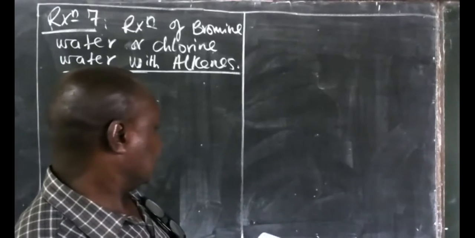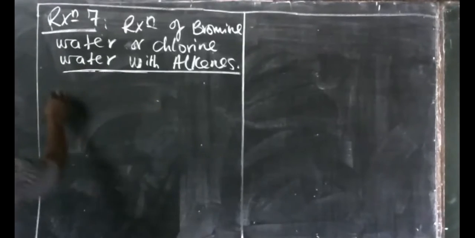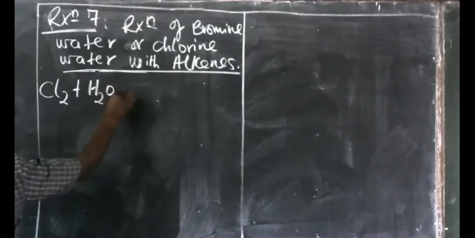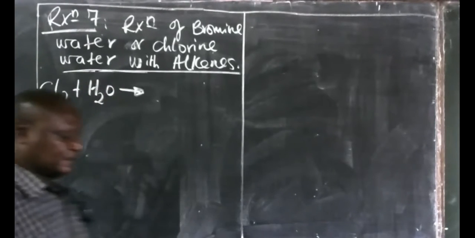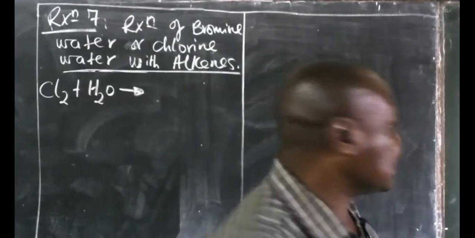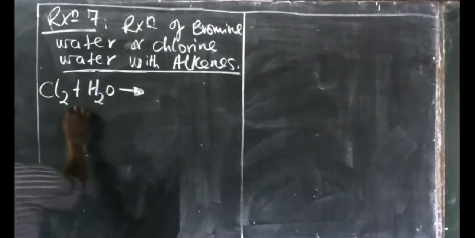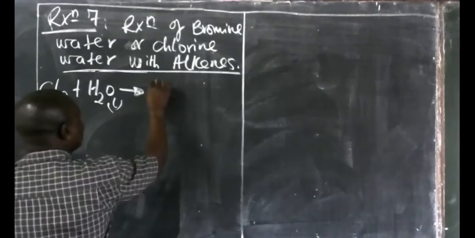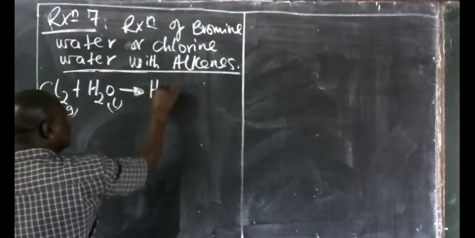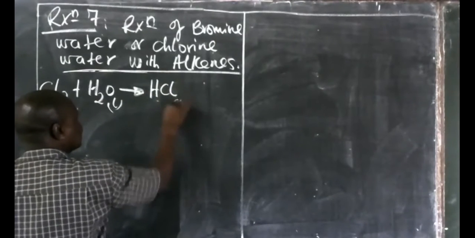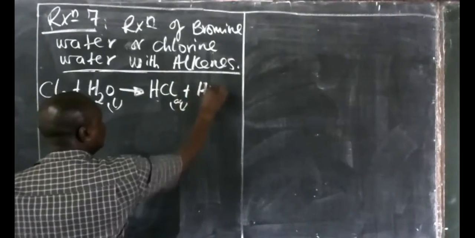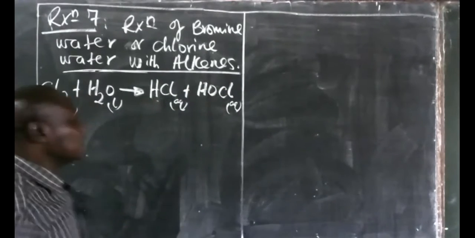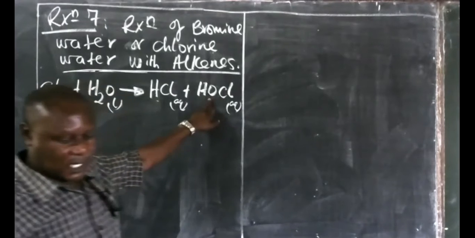Of course, here the chlorine will first react with water to give us two acids. So this is chlorine gas plus water, which is liquid, is going to give us two acids, which is HCl aqueous plus HOCl aqueous. So you get hydrochloric acid and then the hypochlorous acid.